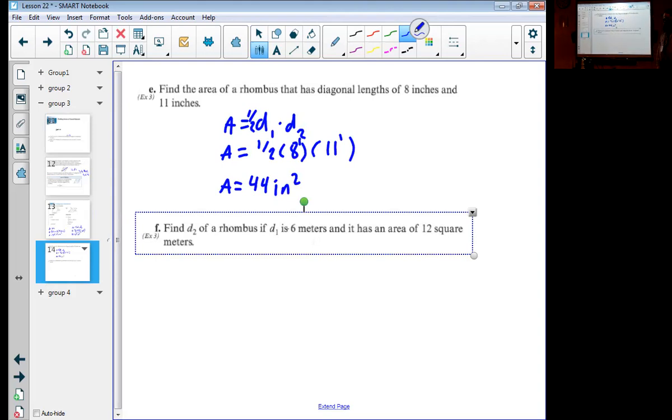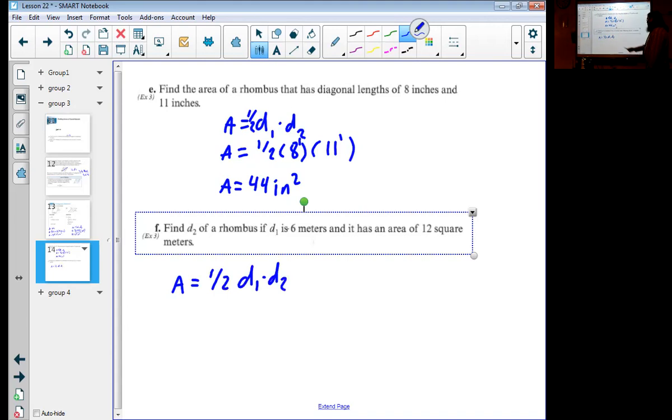Now for F, it's asking us to find D2 of a rhombus if D1 is 6 meters and has an area of 12 square meters. So we're using the same formula, the exact same formula, except now we don't know what D2 is. So let's plug in the values that we do have and see if we can figure it out. So we have A is equal to 1/2 D1 times D2.